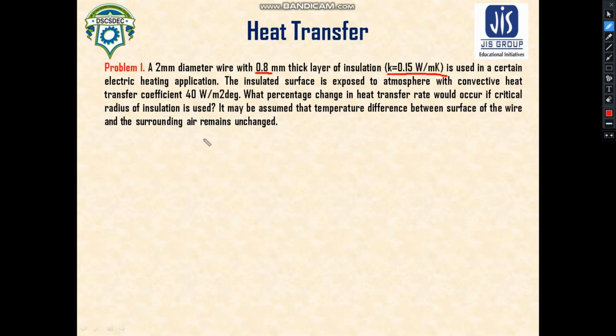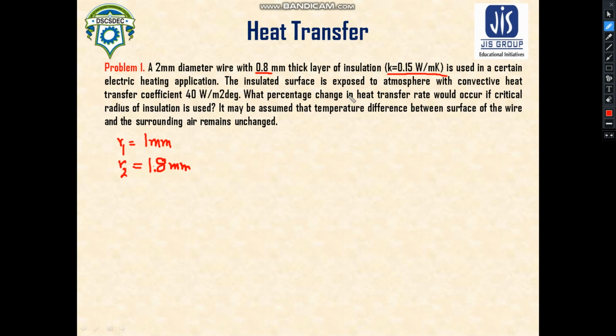So here you can write this R1 as your internal radius, that becomes 1 millimeter. And this R2 becomes 1 plus 0.8, I'm not doing this step, I'm simply writing 1.8, so it becomes 1.8 millimeter. The thickness of insulation means the difference between the outer radius and the inner radius.